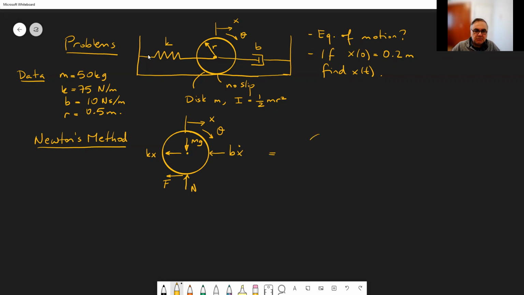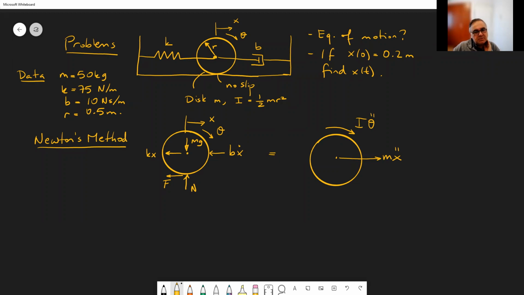This should be equivalent to the virtual forces on this thing. It should be the inertia forces, m x double dot, and then you will have I theta double dot. You could have put negative forces like here also, and then equate them to 0.